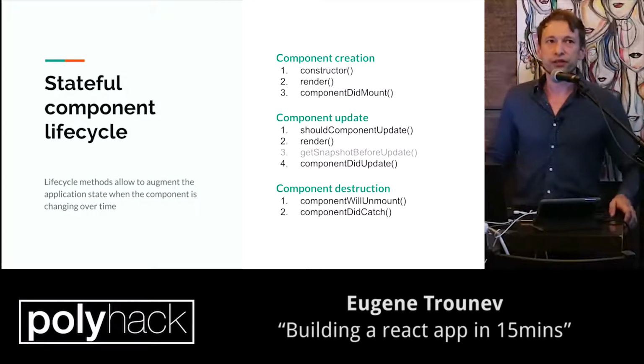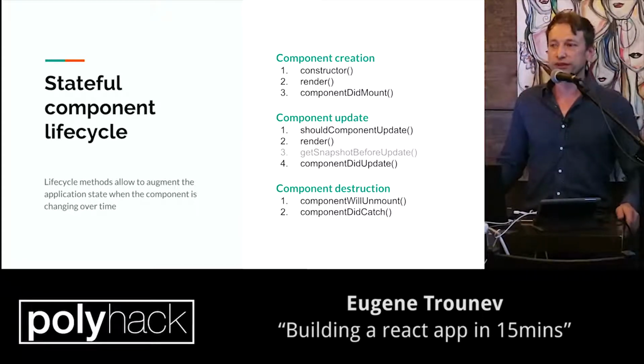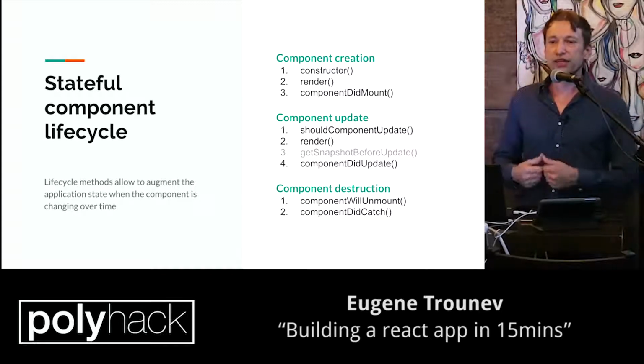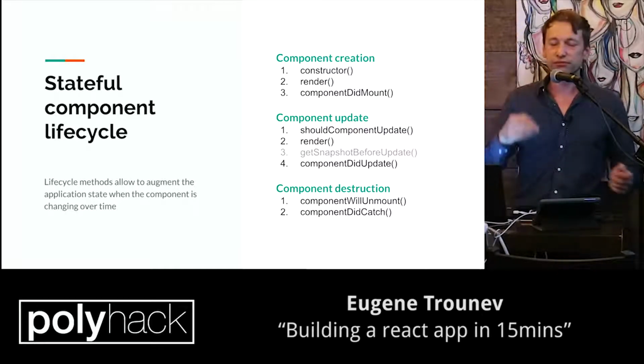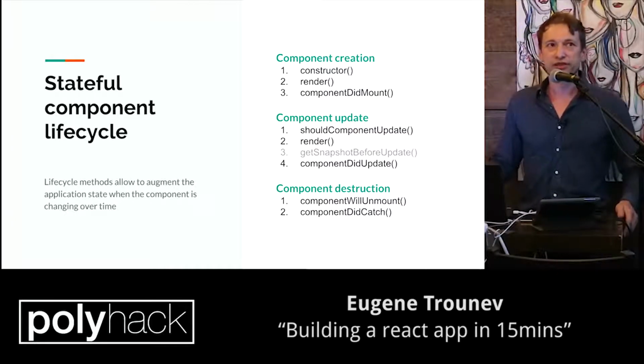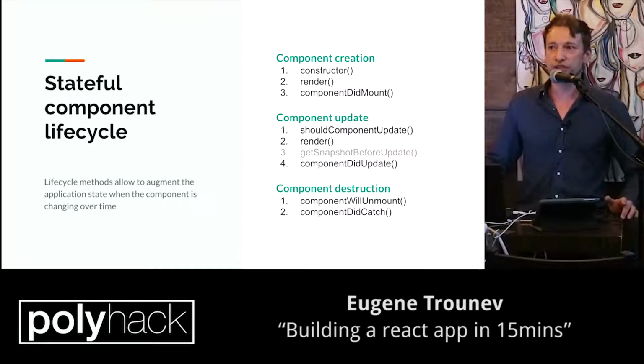The next part of the life cycle is the component update. The point of the stateful component is that whenever your state changes, it generates a new view. The gentleman was talking about state machines. This is one of the very, very simple examples of those. So the state would change inside of your component, and that would generate the component change.